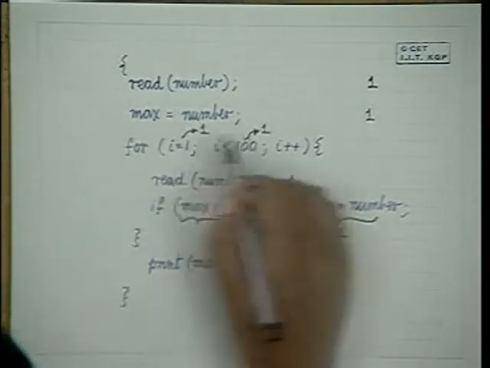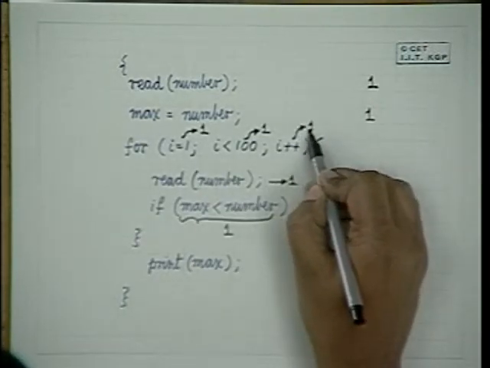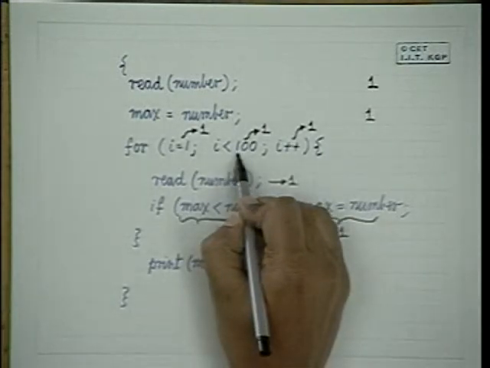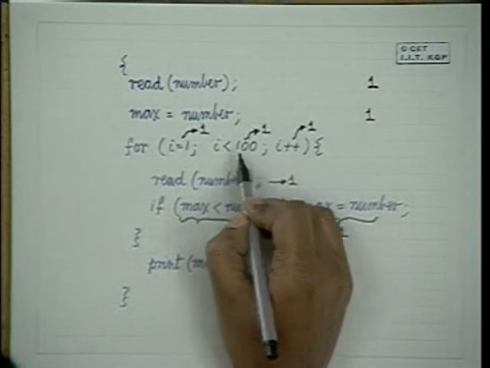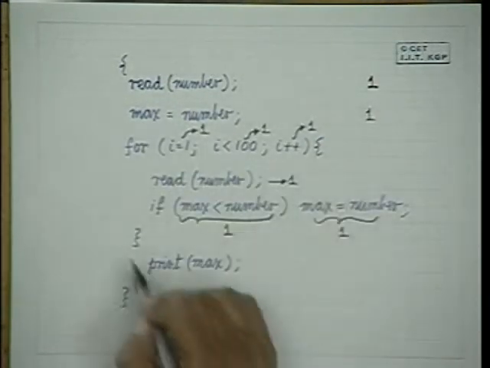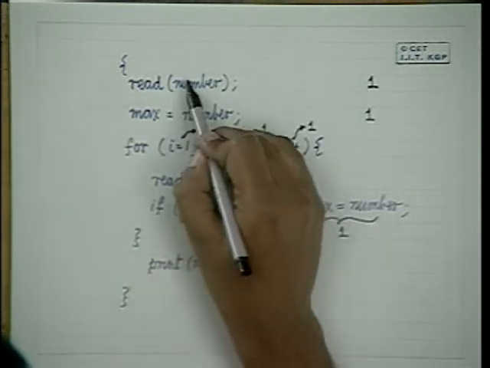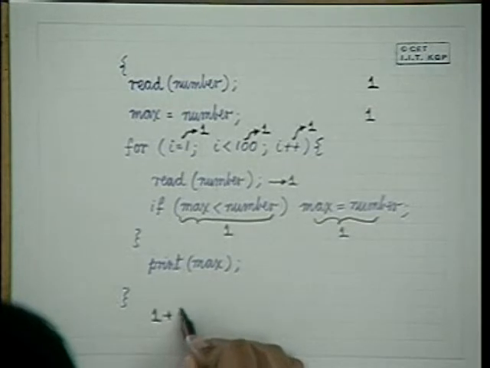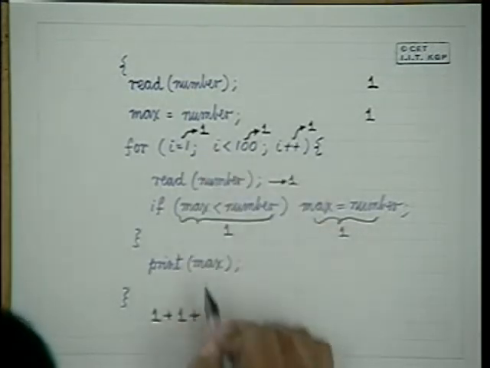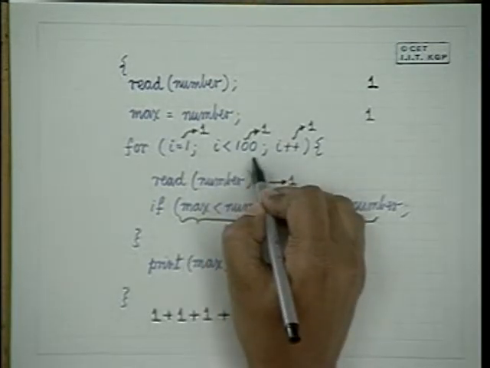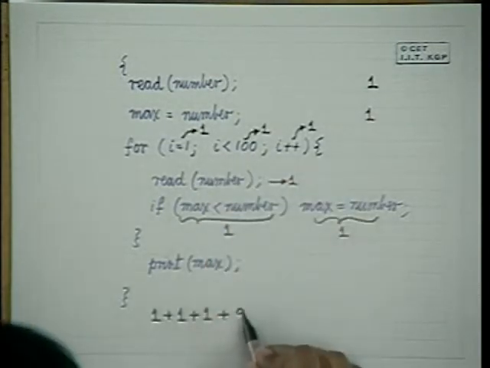It will go back and this will take 1 unit of time. Then again this comparison will come, and then you go on doing this 100 times. So this will be done once, this will be done once, this will be done once. This statement will be executed how many times? 99 times.